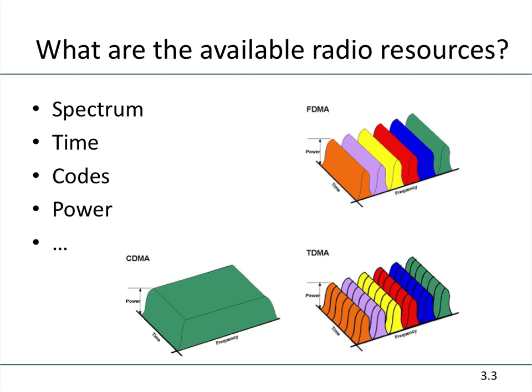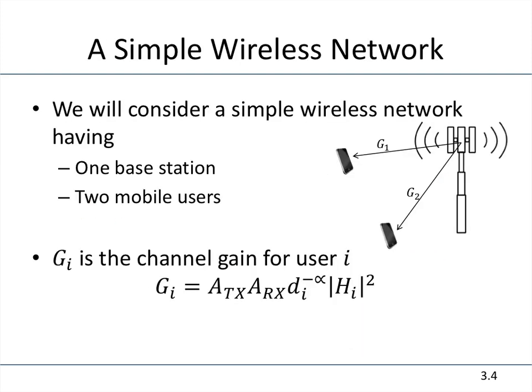So we can allocate resources by spectrum. Here, of course, we mean frequency, or time slots, or codes, or power, and these are some examples of these resources.